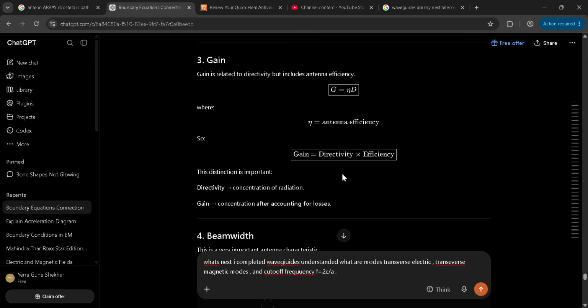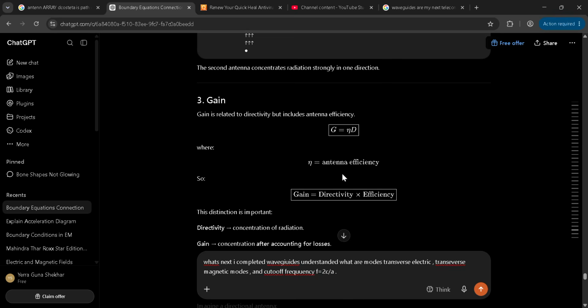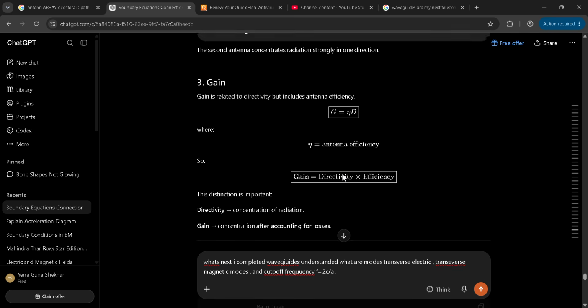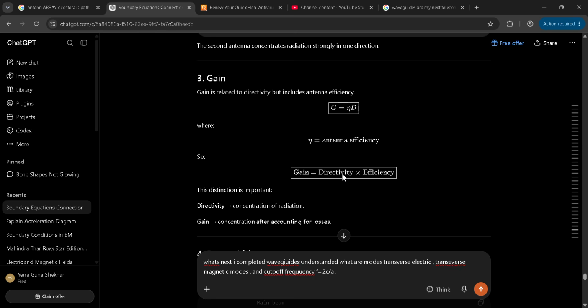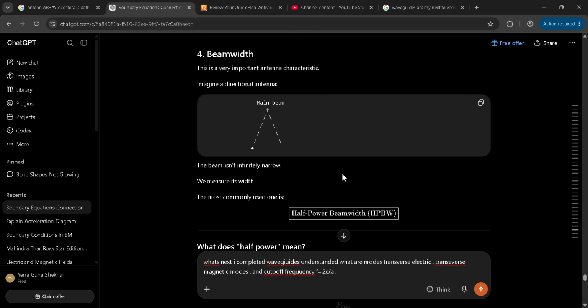Beamwidth. This is a very important antenna characteristic. Imagine a directional antenna. The main beam isn't infinitely narrow. We measure its width. The most commonly used one is half-power beamwidth.